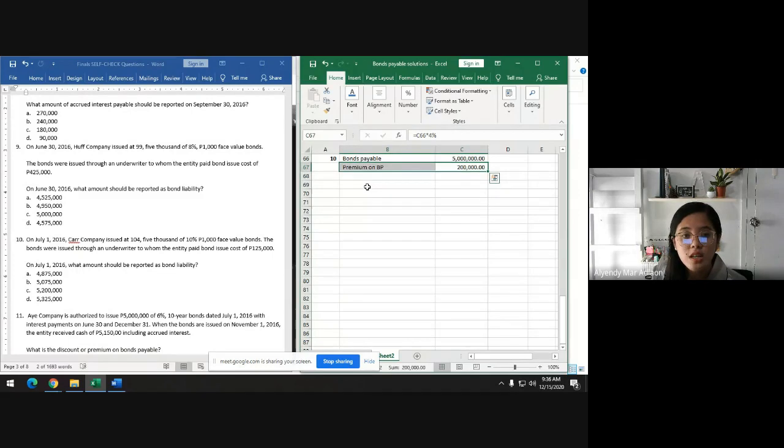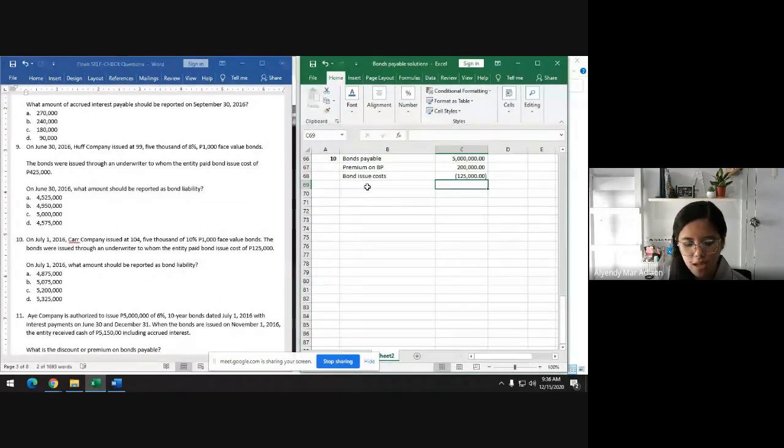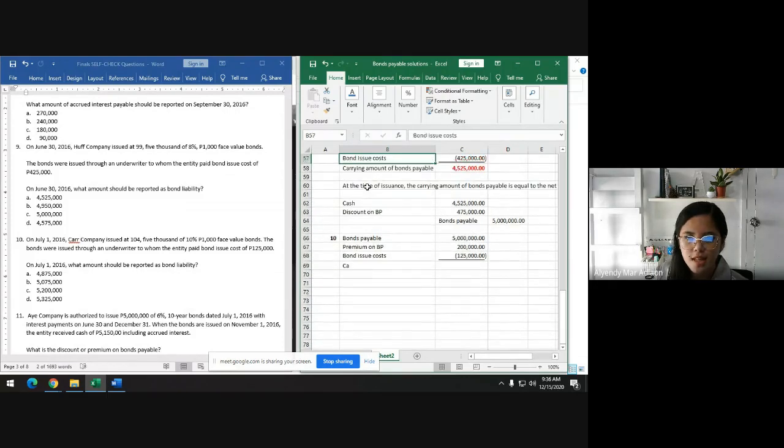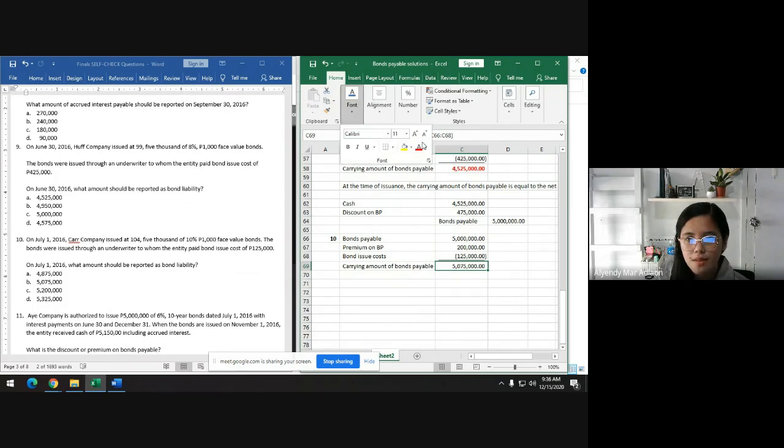Take note, it shall be added to the bonds payable. While the bond issue cost is the same as before, it will be deducted. So, the bond issue cost is 125,000. So, how much is our carrying amount? The carrying amount of the bonds payable is 5,075,000.